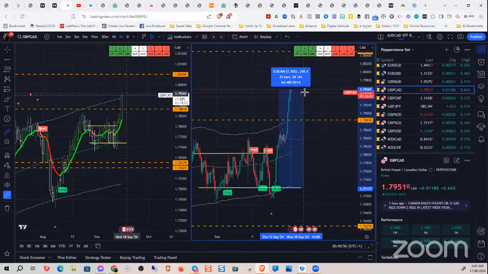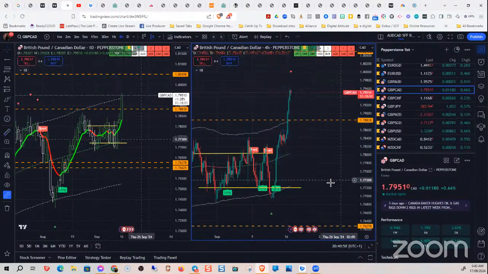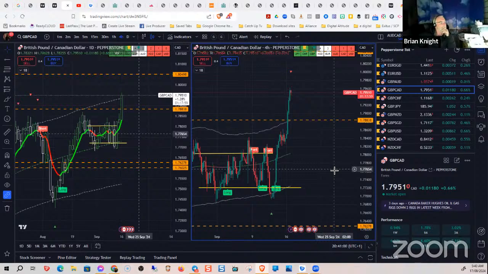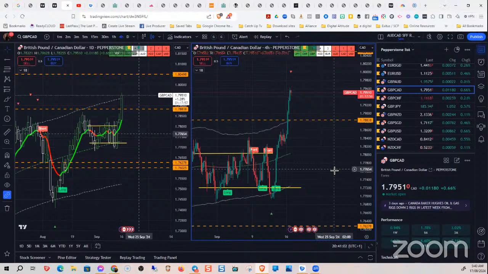Well, I caught that long. Yeah, and then I got out of it because it started to come back. I was figuring it's going to pull back down and take up some of this fair value gap, and I didn't set up another trade above it in case it shot. So I'm irritated with myself that I didn't have a trade set up there. I should have seen that coming.